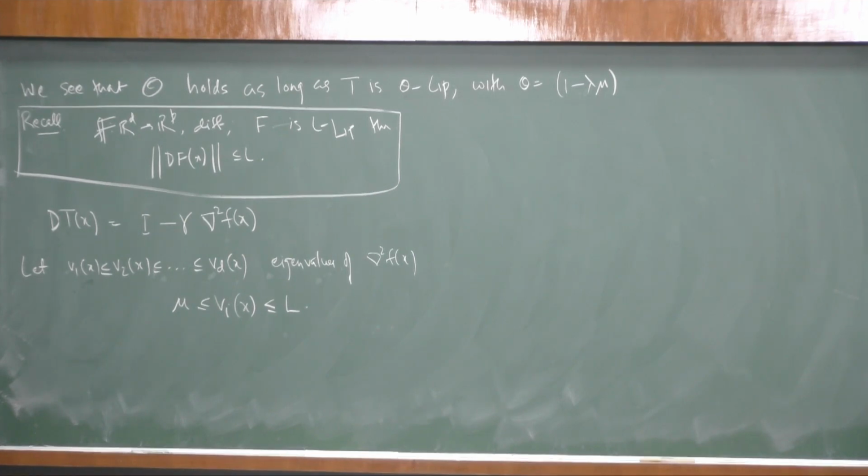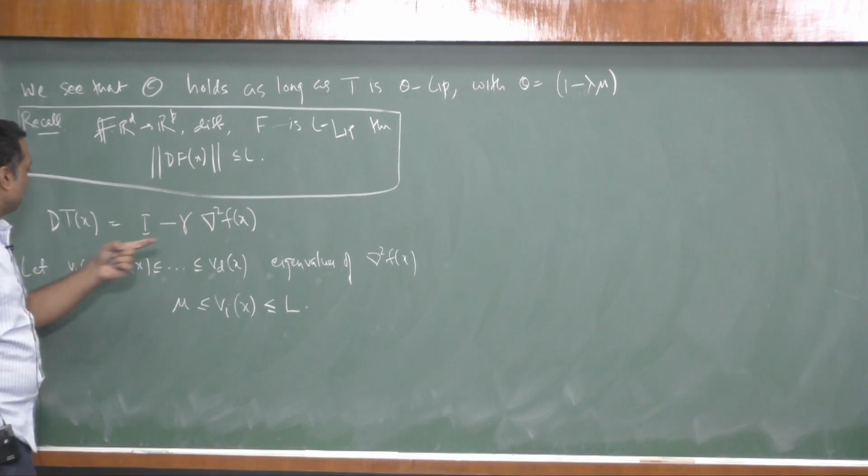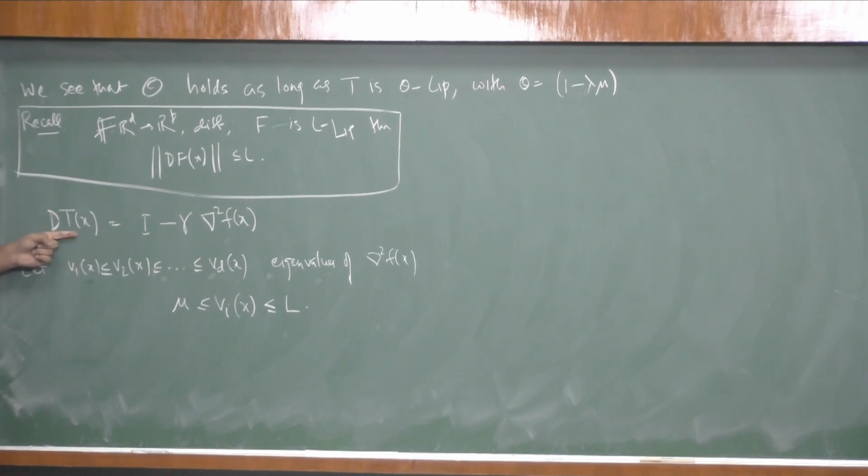And obviously if you look into dt, the eigenvalues of dt lie between 1 minus lambda mu, what are we supposed to get, right? What we have written are the eigenvalues of gamma times the Hessian, and I have to subtract from 1. But what we want is the eigenvalue of this.